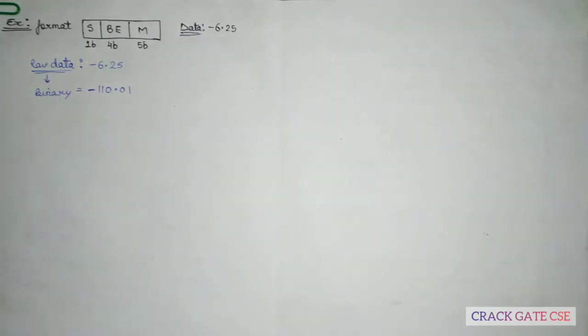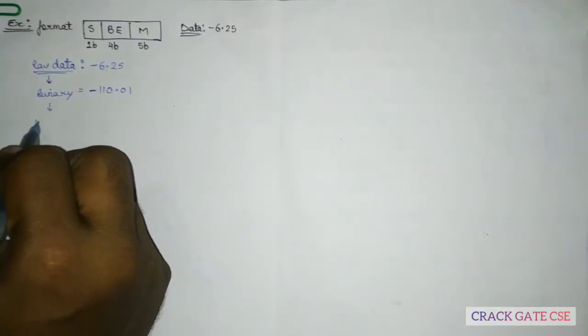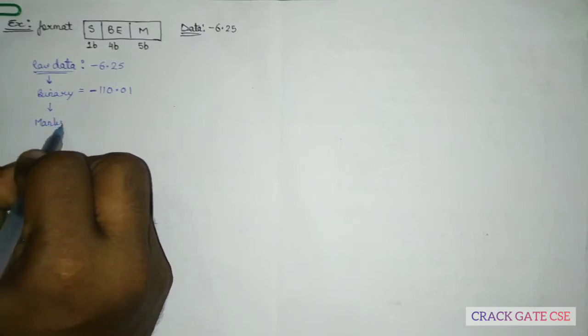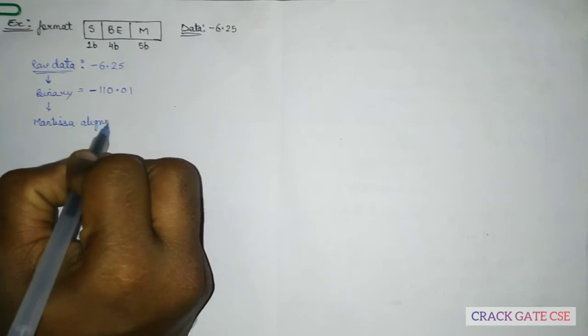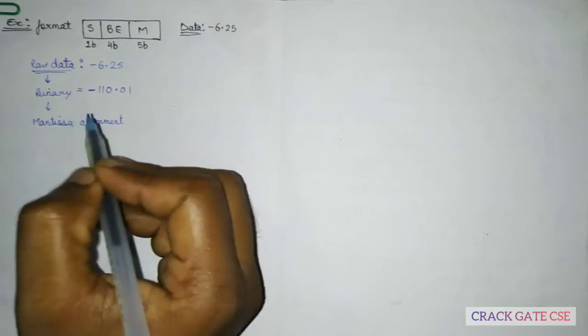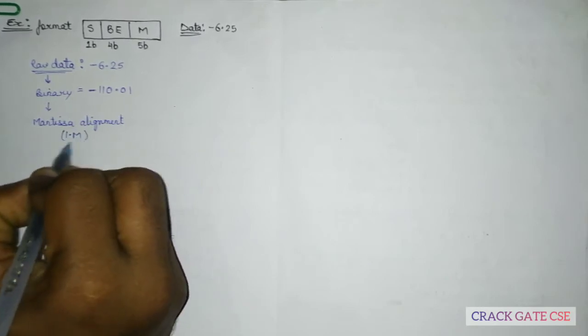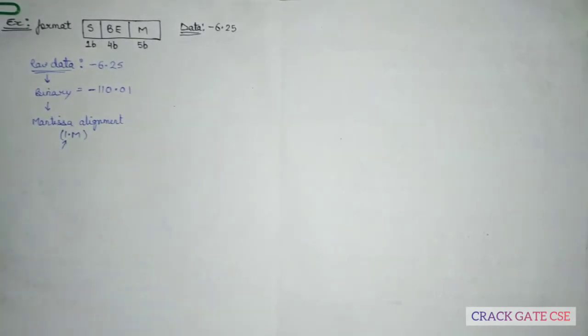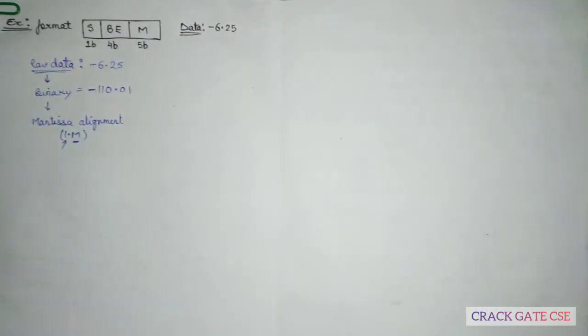After getting the binary value, you have to perform the mantissa alignment. In mantissa alignment, we try to make a format which is the same as 1.m, because this 1 will be a valid digit and this m will be stored in the mantissa place.